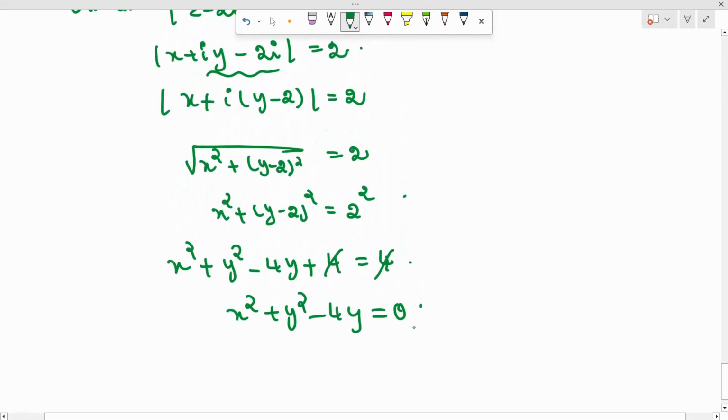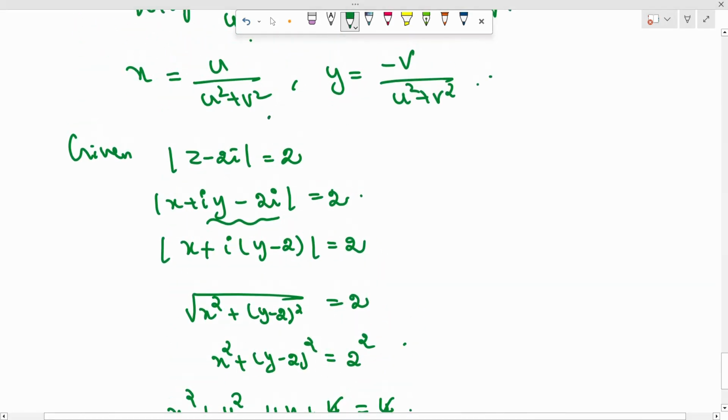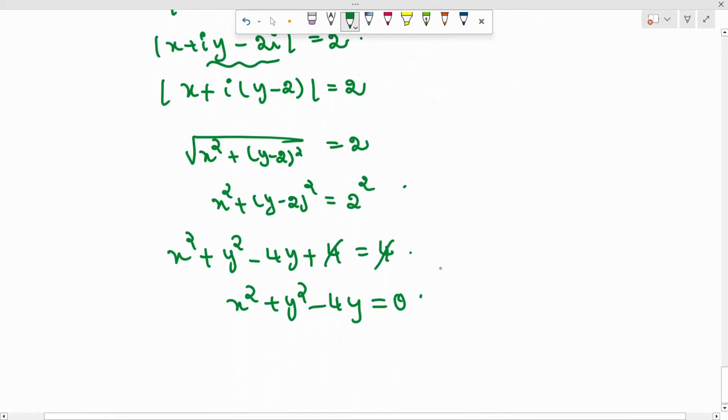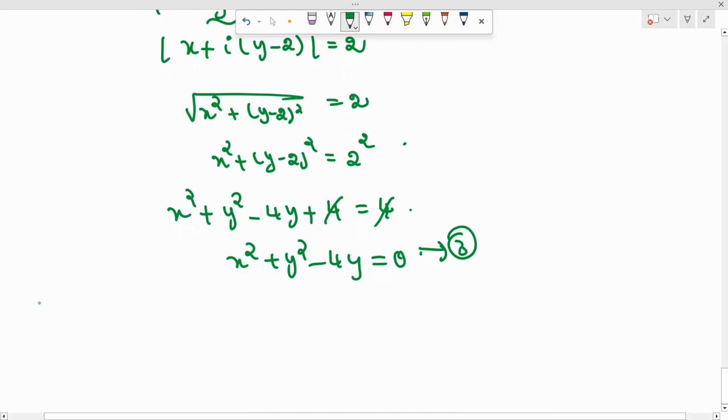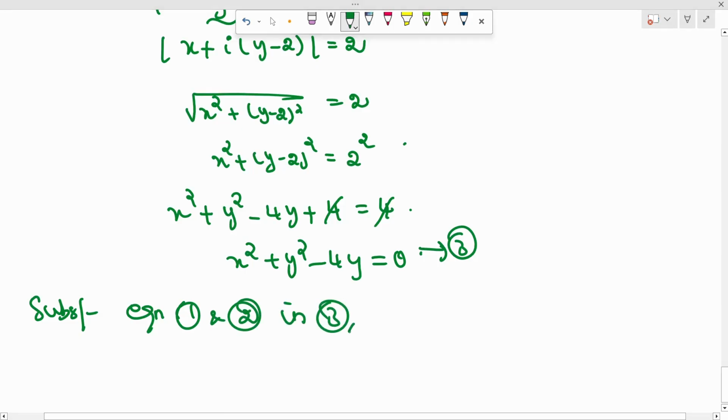Now substitute x and y values, these two values, in this equation. Substitute equation 1 and 2 in 3. We get x square.